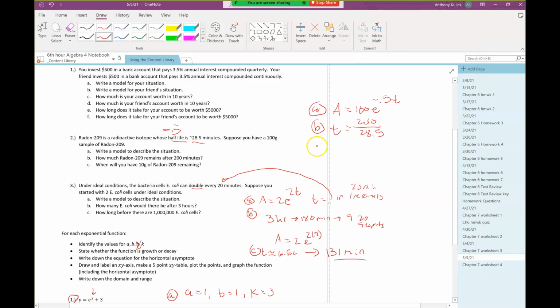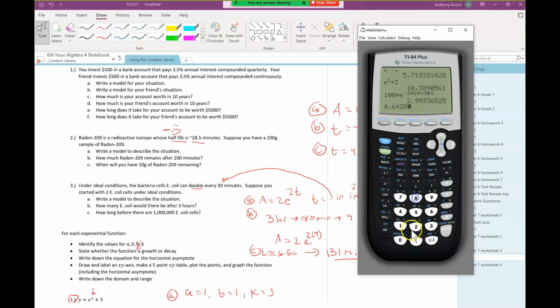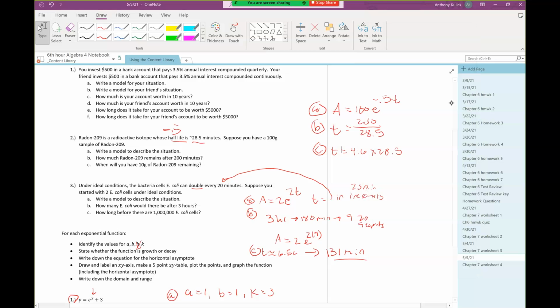But that's going to be in terms of those 28.5 minute increments. So if I multiply that by 28.5, that'll give me the raw time. So 131.